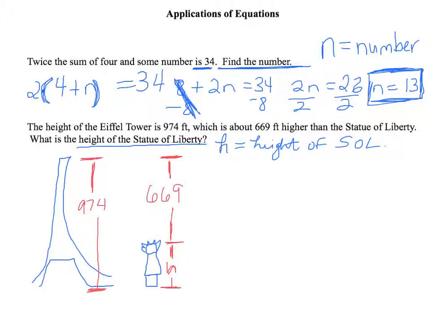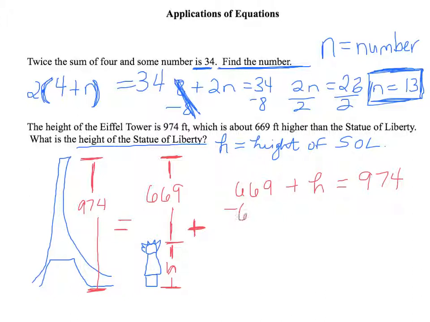So isn't it true that if I add these two numbers together, they should equal 974, right? 669 plus h should equal 974. This is a very simple equation, but we've created an equation nonetheless. So 669 plus h equals 974.